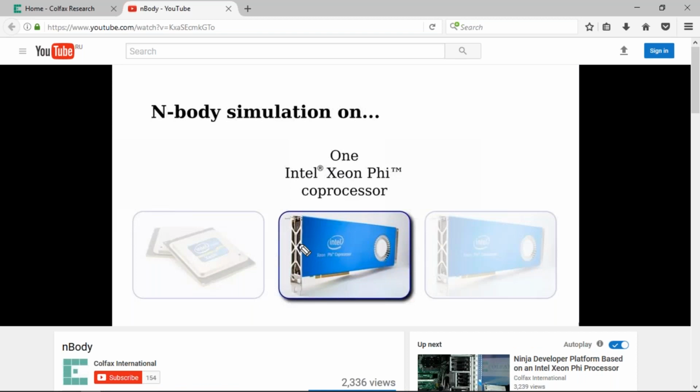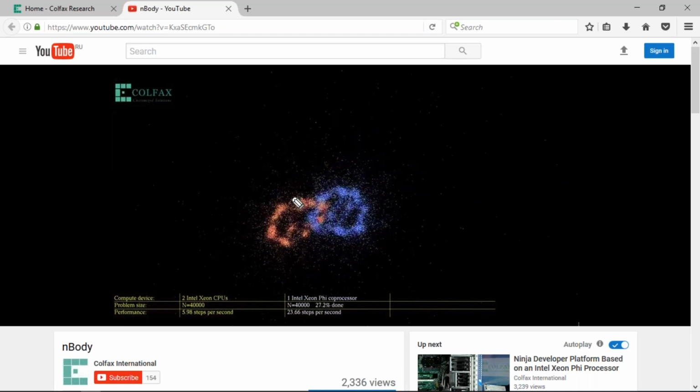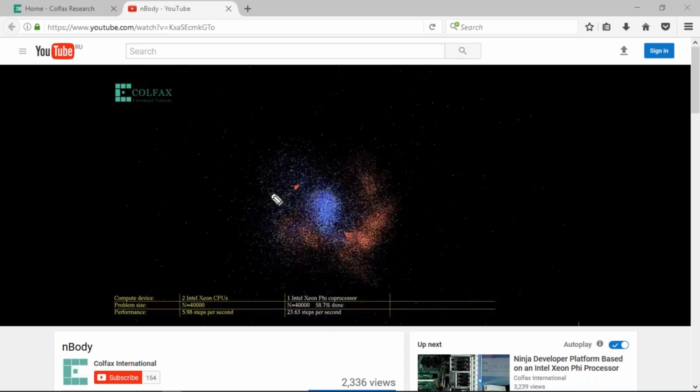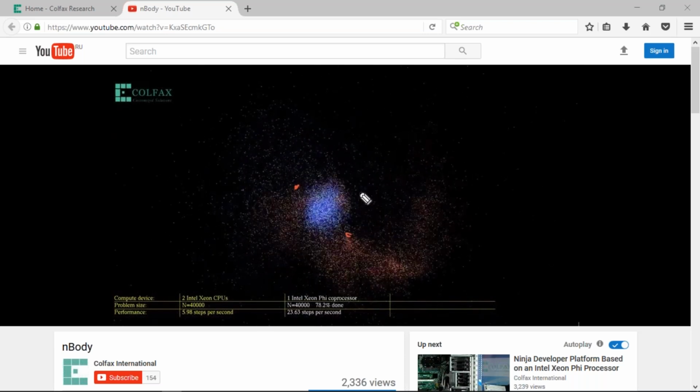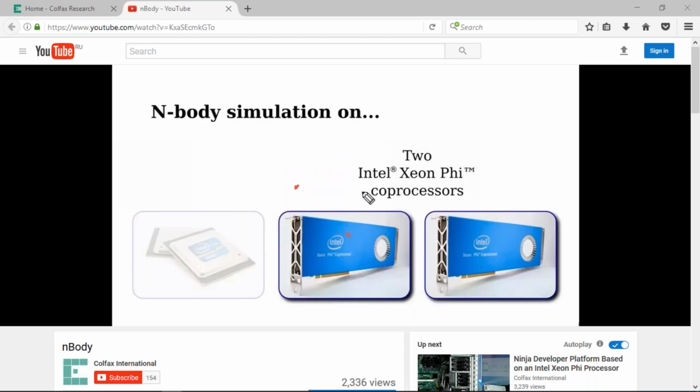And this is a simulation of a collision between 2 galaxies. It is a toy model and not very meaningful initial conditions, but you can see what's happening. Every particle exerts a gravitational pull on every other particle, and we are simulating how these particles move in response to the gravitational forces produced by these same particles.